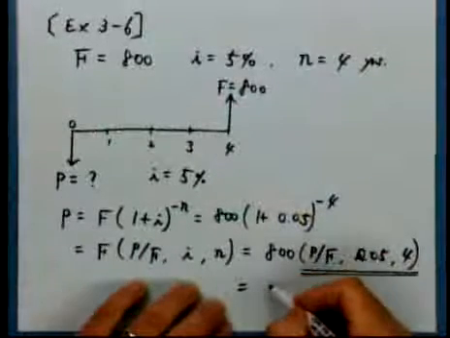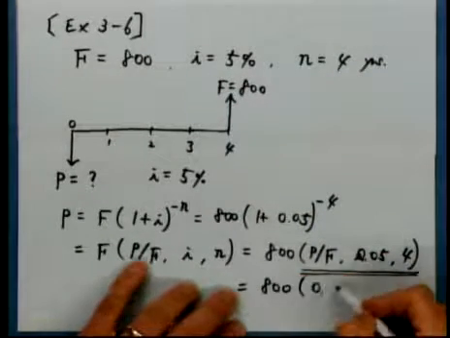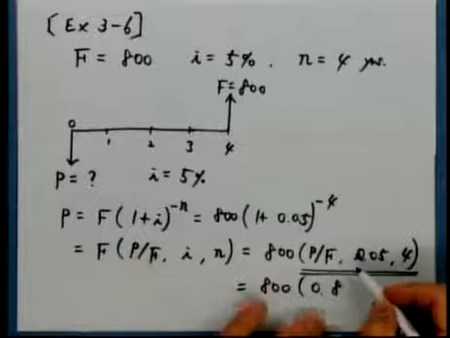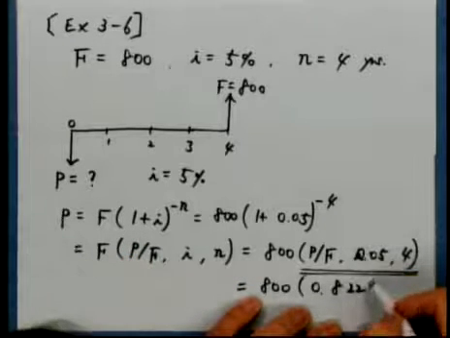So this is going to be 800 times 0.8227. Okay.